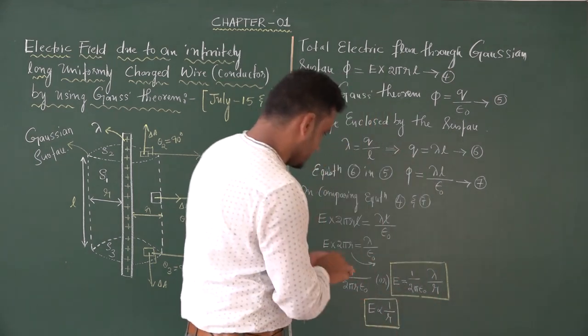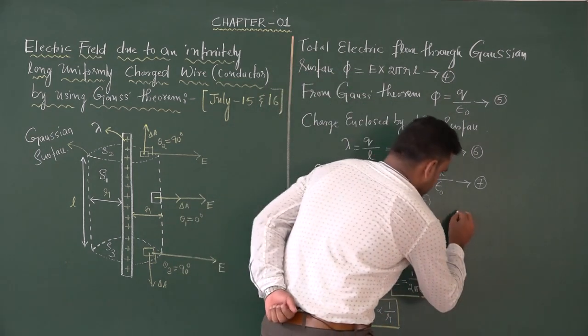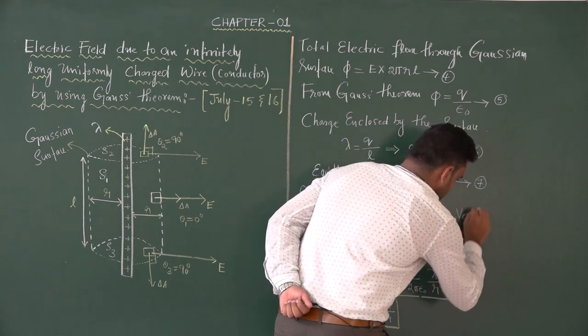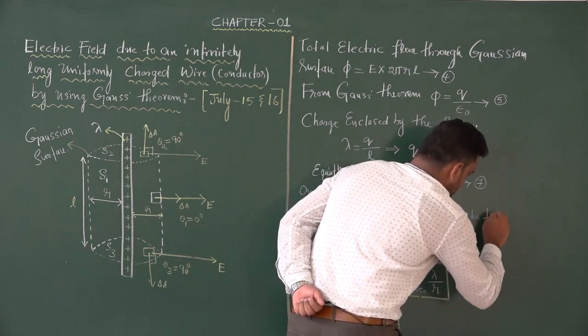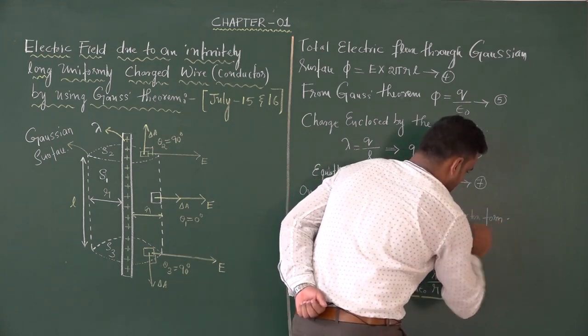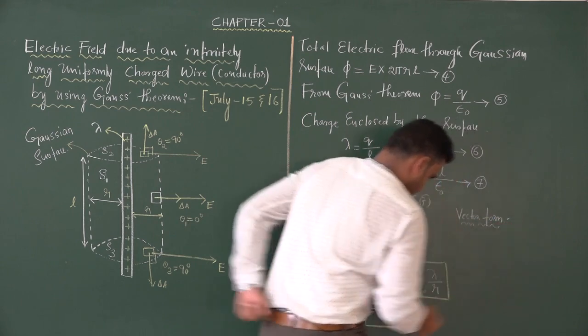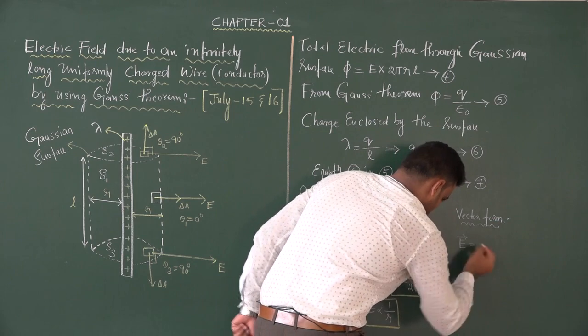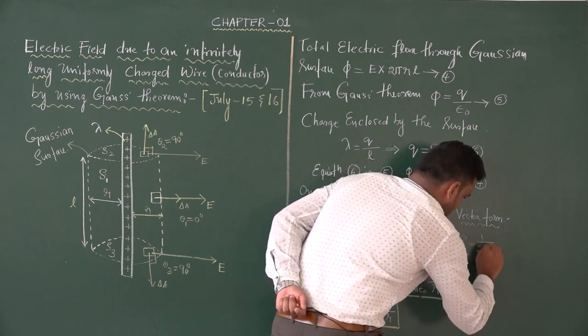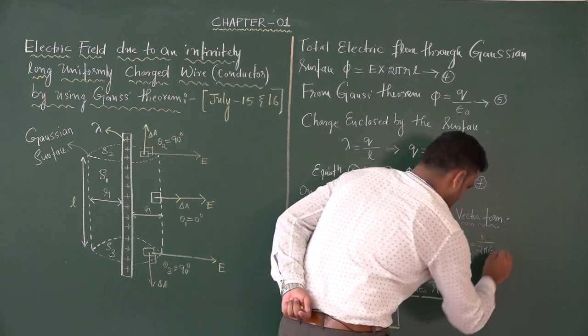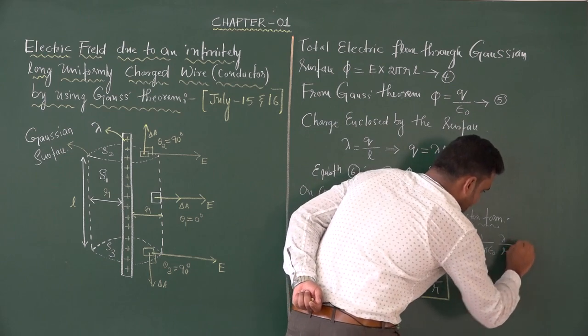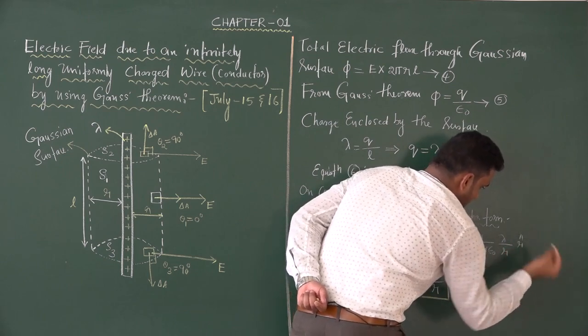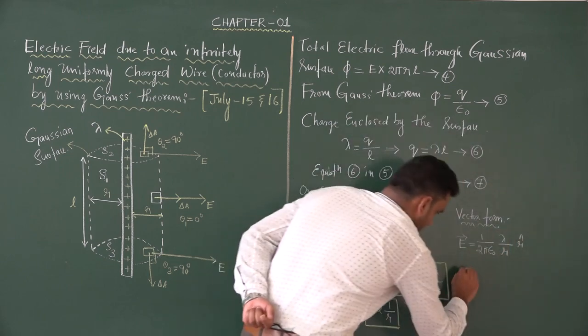And I can express it in terms of vector form. Vector form: E vector is equal to 1 over 2 pi epsilon naught lambda divided by R, R cap, or else P cap you can give.